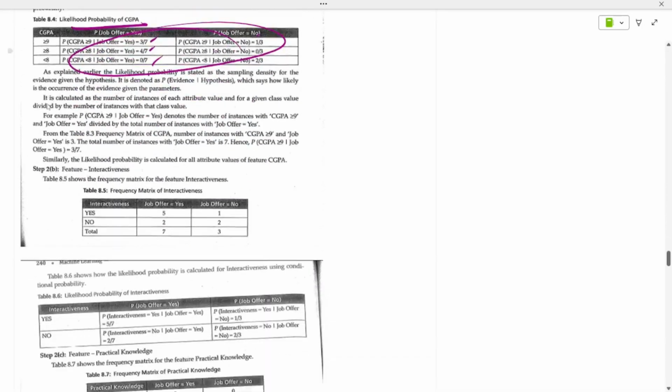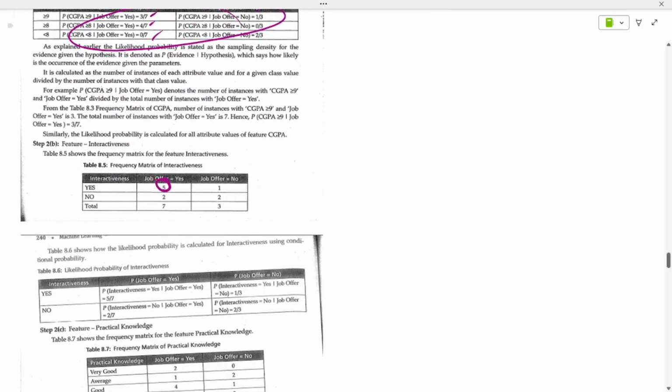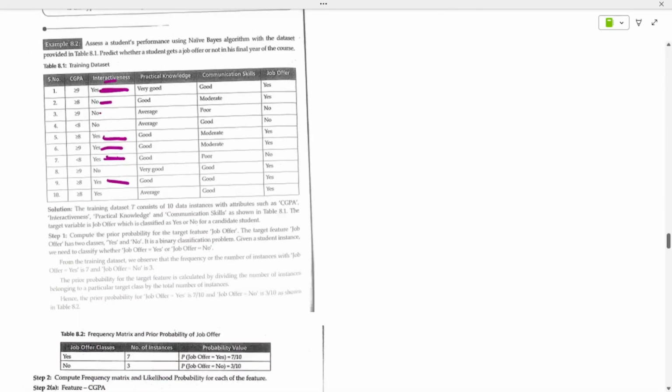See, how you have to look in the data set for interactiveness is yes or no. How many yes are there? 1, 2, 3, 1, 2, 3, 4 and 5. See, interactiveness total yes is 5. Next, interactiveness no is how many? 1, 2, 3, 4.